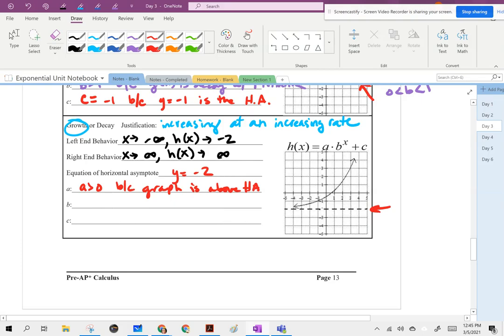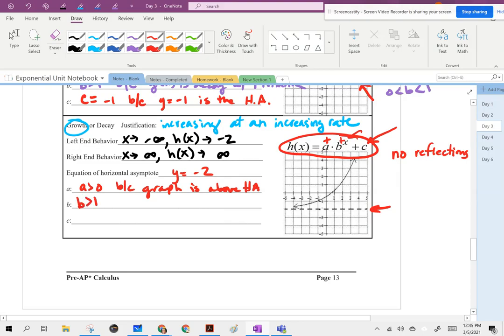So how many reflections do we have? Pay attention to the given function. A is positive. We've already established that. And there's a positive x, which means no reflections. There's no reflections. So that means if this is growth, my B value needs to be greater than 1.